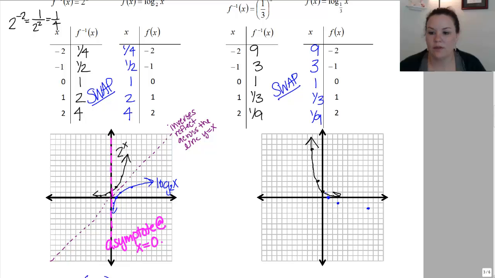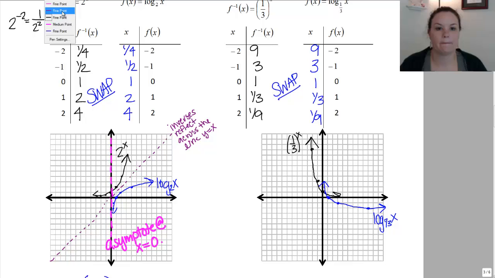When x is 1/3, I'm up at 1. And when x is 1/9, I'm up at 2. Okay, so notice this blue log function line here, this is log base 1/3 x, is a perfect reflection across the identity line of its exponential counterpart.